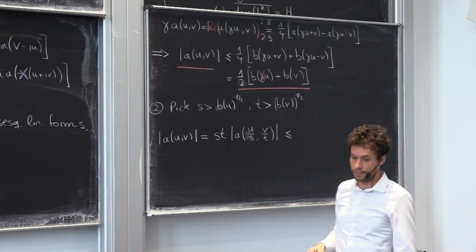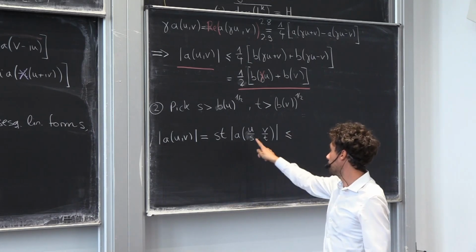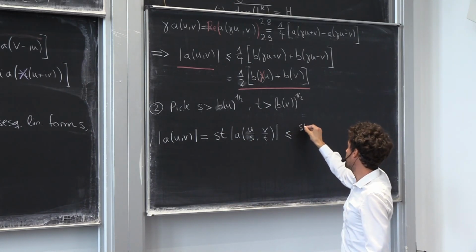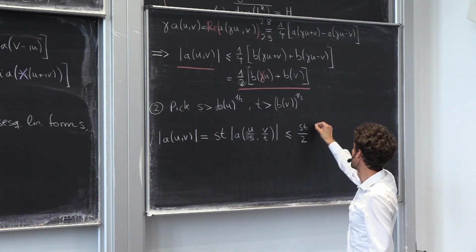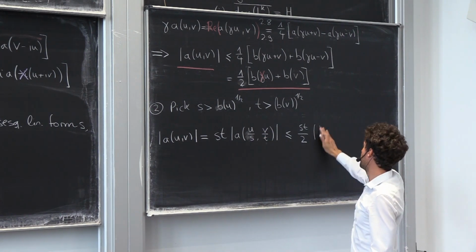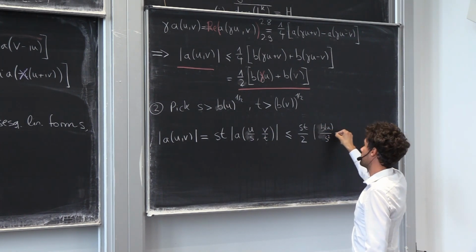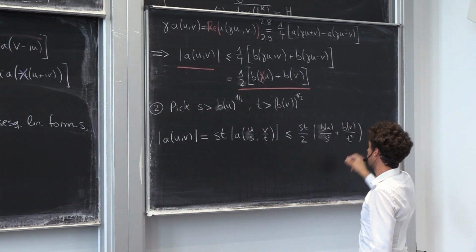because now I'm going to use the first part, the additive bound, but I'm using it for this pair of vectors. So this is bounded by st over 2 times b of this guy, and there I can pull out the s, so it gives me b of u over s squared plus b of v over t squared. Okay?